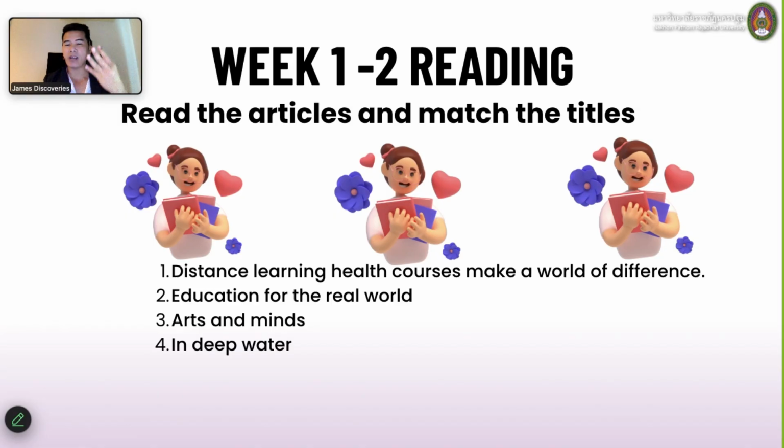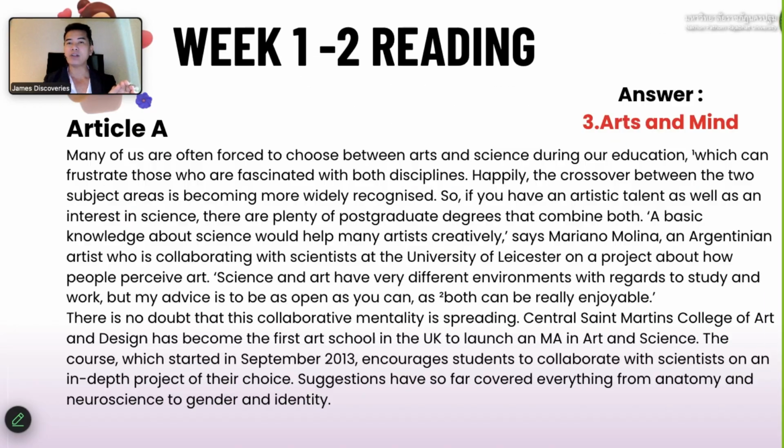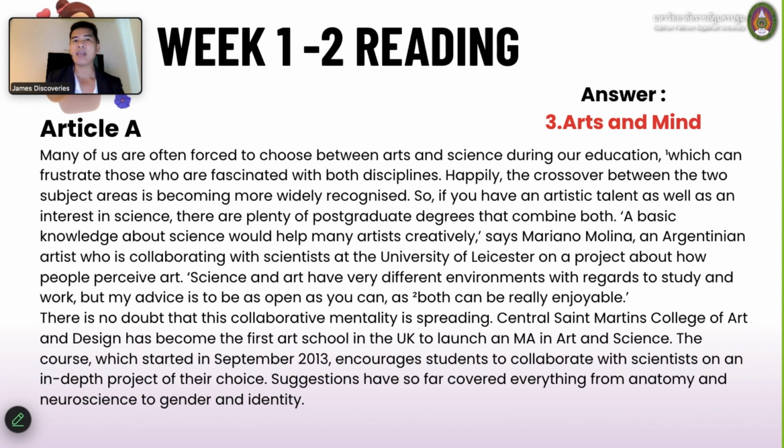So match these titles to the articles we're going to read. These are the articles I will show to you. Article A, of course, I give you the answer already. Article A is actually about arts and minds because it's talking about arts and science during our education. So it's very obvious that this article is discussing arts and minds.